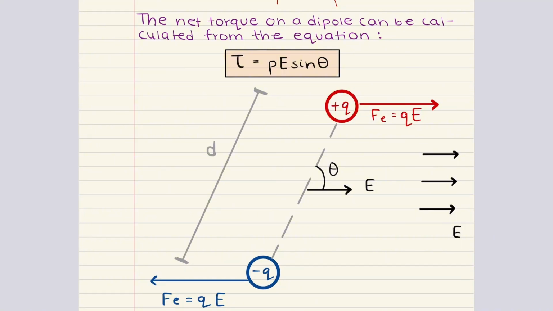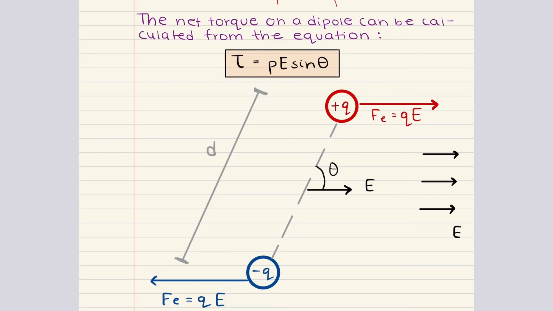In the absence of an electric field, a dipole can assume any random orientation as there's no external influence to dictate its direction. However, when we place an electric dipole in a uniform external electric field, things change. Each charge in the dipole, being equal and opposite, will experience a force exerted by the electric field.